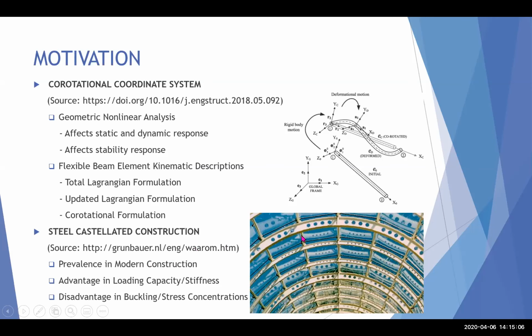Its main advantage is the high loading capacity, and it also has reduced weight. But the reason why I want to study it is that it can be prone to buckling, and because it has holes, stress concentrations.